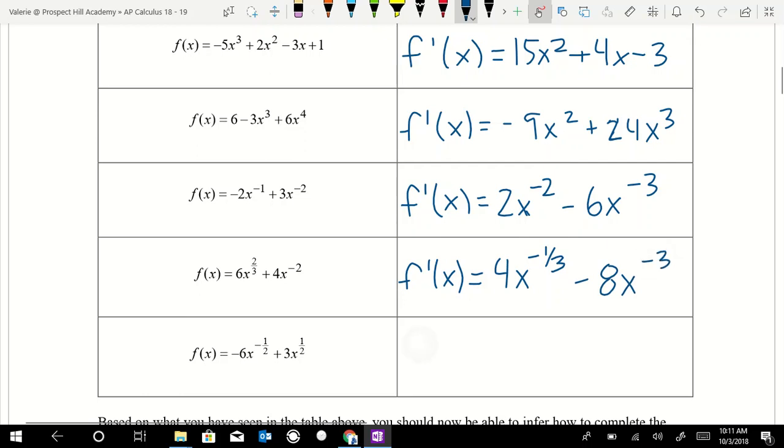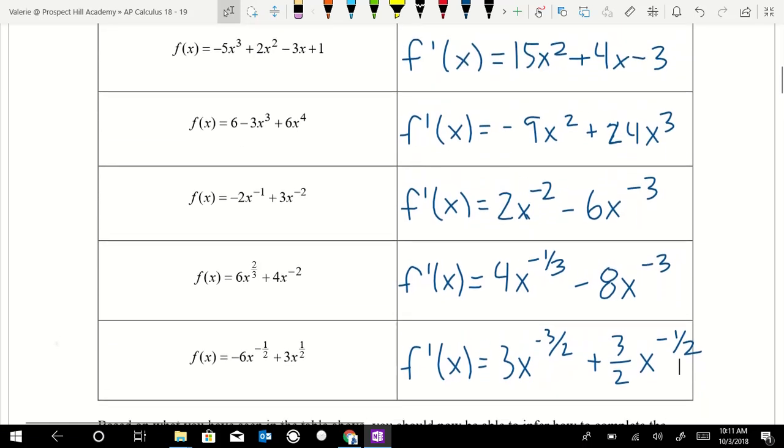And for the last one, f prime of x equals 3x to the negative 3/2 plus 3/2 x to the negative 1/2. So take a second and see if you can figure out what the algorithm or the rule I was using to find all 6 of those derivatives.